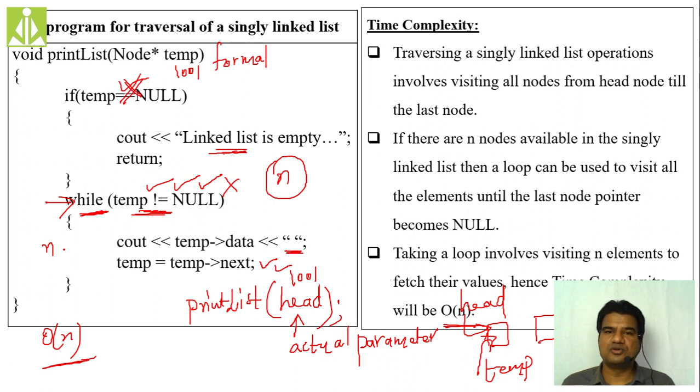And if you want to delete a particular node, what are the possibilities? Deleting the head node, deleting the last node, deleting some node in between. All these considerations and analysis we will do in our upcoming videos. Hopefully you understood today's concept.